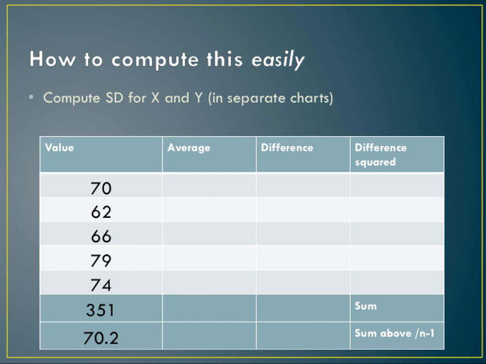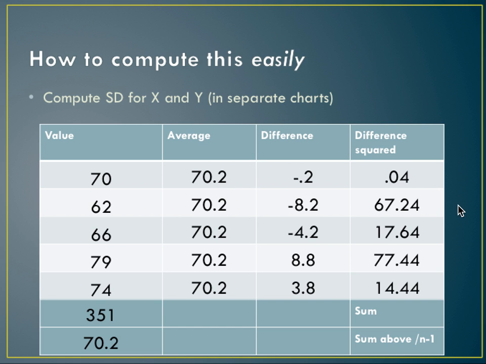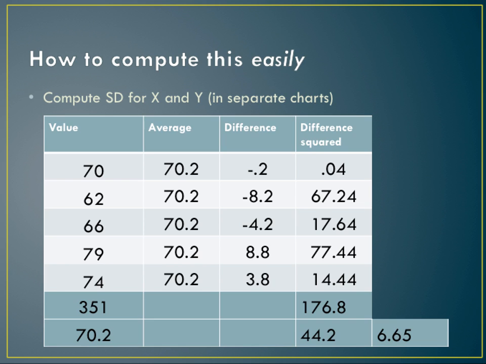You're going to add them up, then you're going to get your average. You're going to put the averages in your chart, then take each value and subtract the average to get the difference. Then you're going to square those differences, add them all up, then divide by n minus 1 and square root. And you've got your standard deviation.